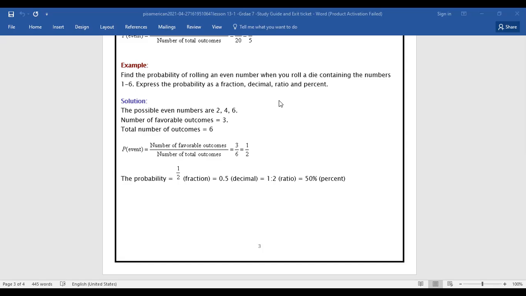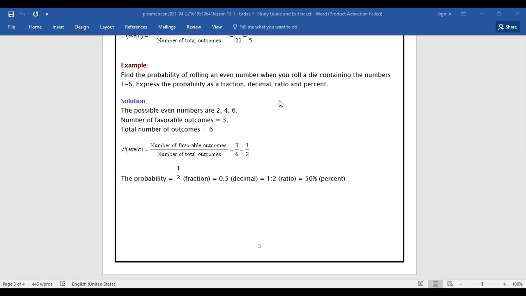If you are going to roll a dice, do you know the total number? How many possible outcomes do you have?